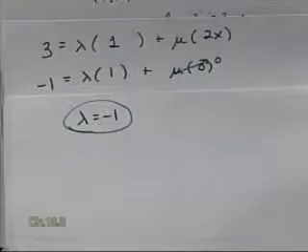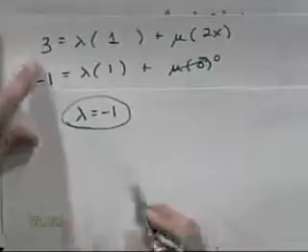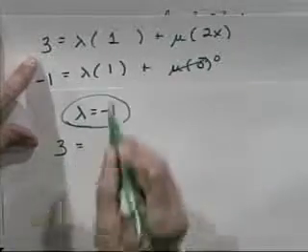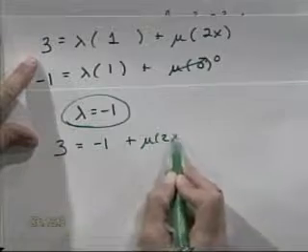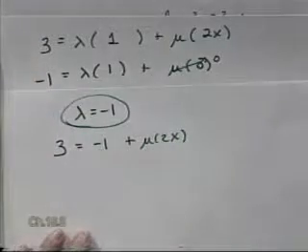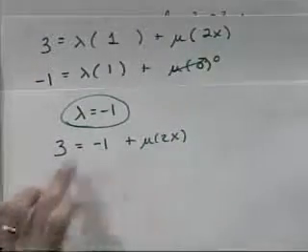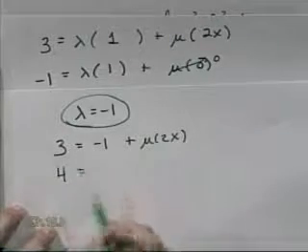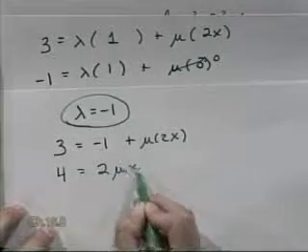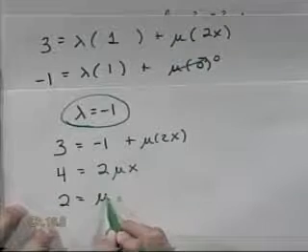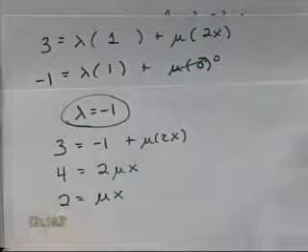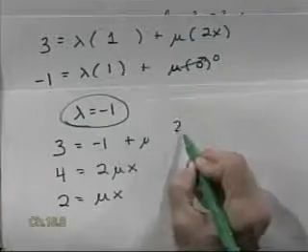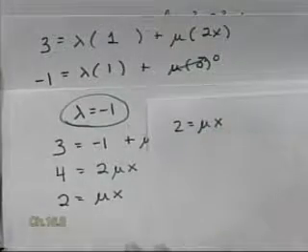That's good. Let's plug it into the top equation. That gives me 3 equals negative 1 times 1, which is negative 1, plus mu times 2x, or if I add a 1 on both sides, 4 is equal to 2 times mu times x, or 2 is equal to mu times x. Do we all see that? So I'm going to write that down here. 2 is equal to mu times x.